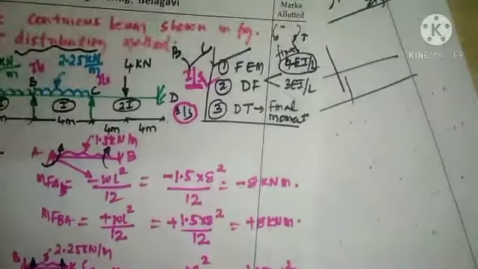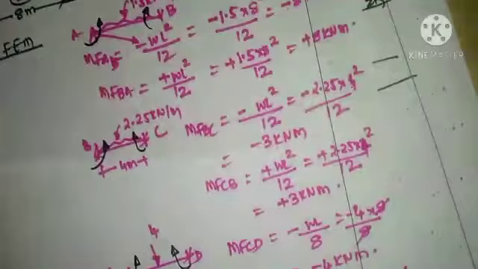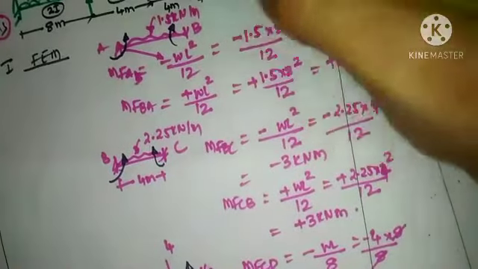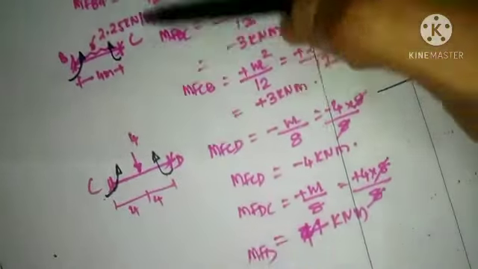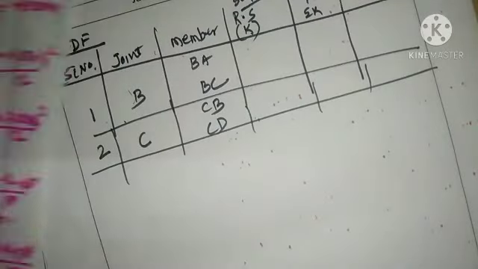And at the start of the analysis itself, it has been seen that B and C, in spite of being simply supported, have been assumed as fixed. B, C are assumed as fixed. Reason is all intermediate supports are assumed to be fixed.